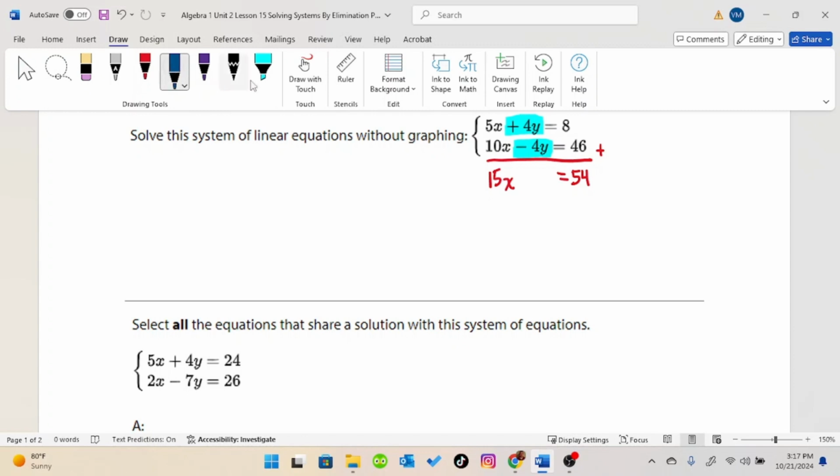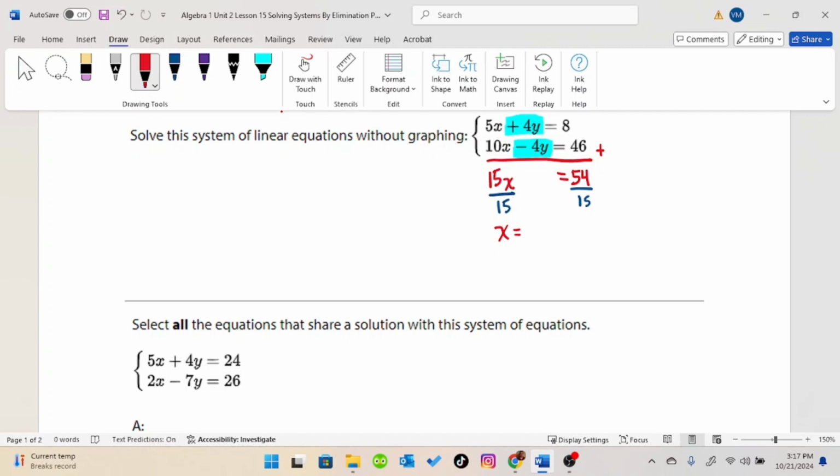The opposite of multiplying by 15 is dividing by 15. So I'm going to do that to both sides to keep it equal. 15 divided by 15 is 1, so we just have x on the left. And then we have 54 divided by 15 on the right.